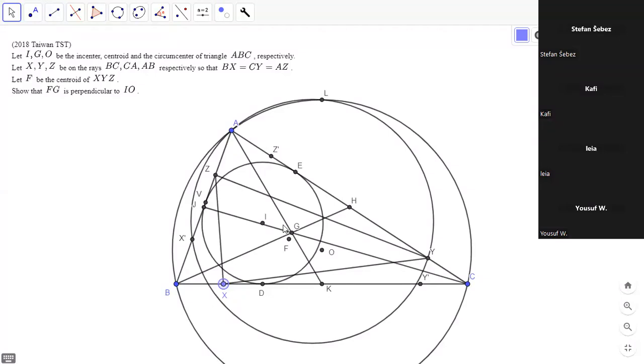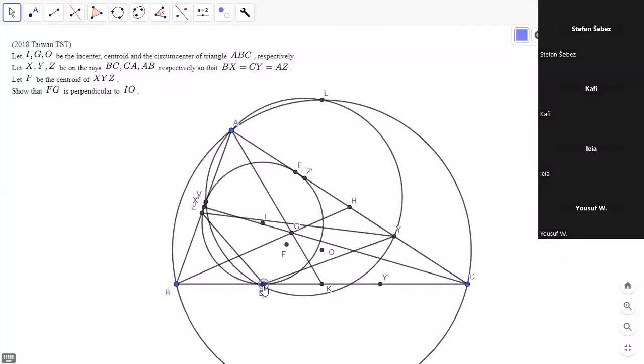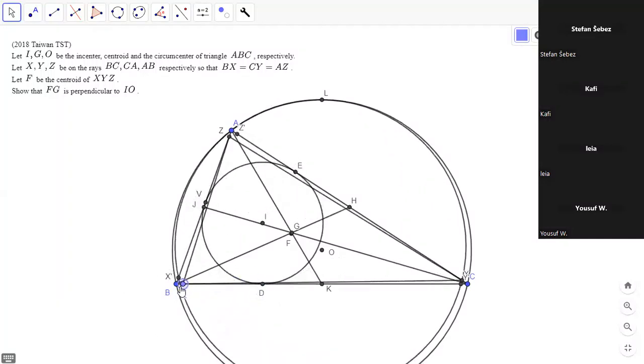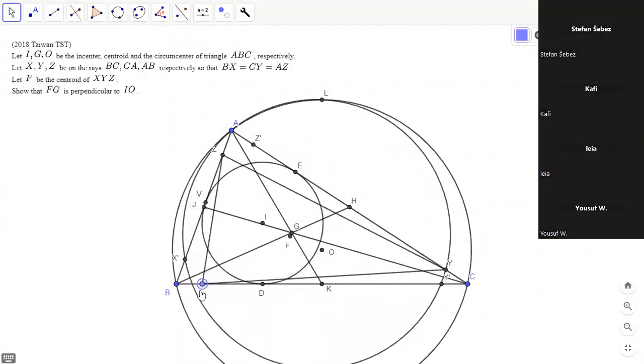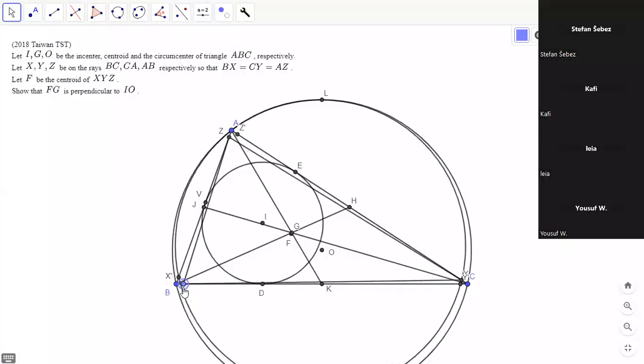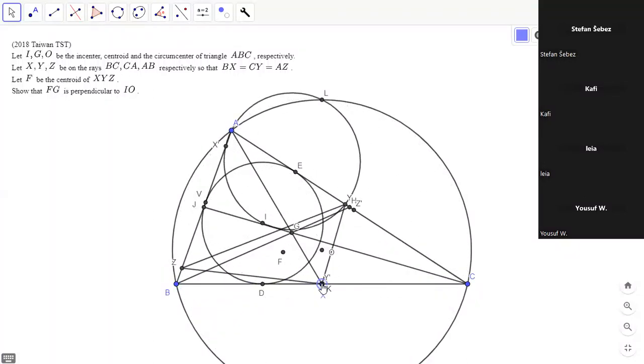It does, yeah. So we need to show the problem for one special point X. Yes. So maybe X equals D. I think D is a bit of a strange point to work with. Yeah. Maybe it's better to take the midpoint of BC. Okay.